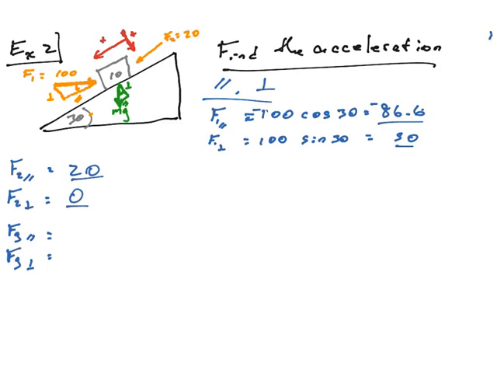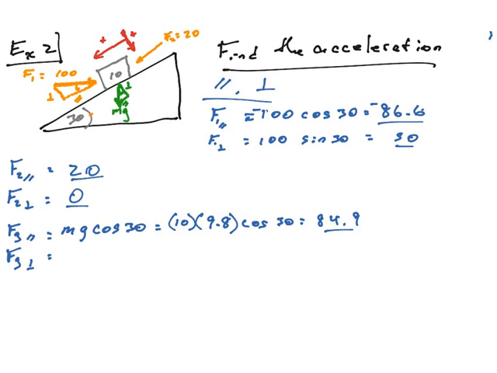All right, so gravity, let's look at the parallel piece. A parallel piece is that side which is adjacent to the angle, and adjacent we know goes with cosine. So it's m times g times cosine 30. Okay, m for this problem is 10, g is 9.8 as always, cosine 30. And we get 84.9.